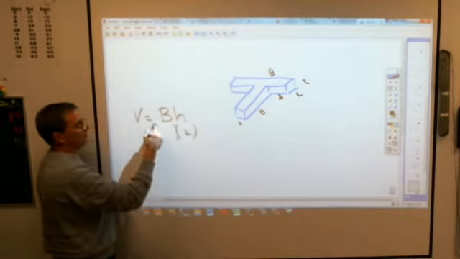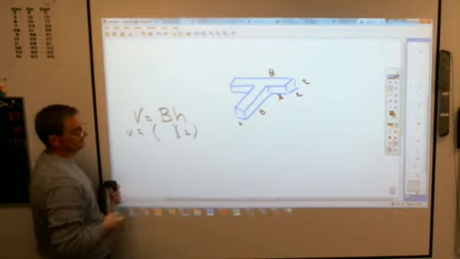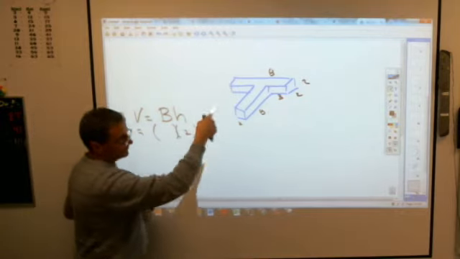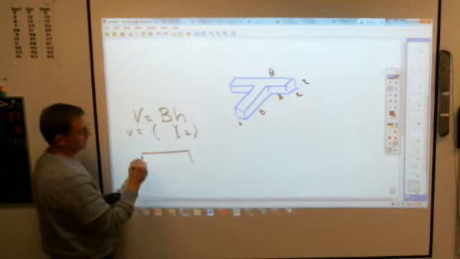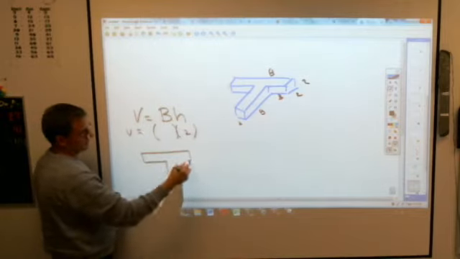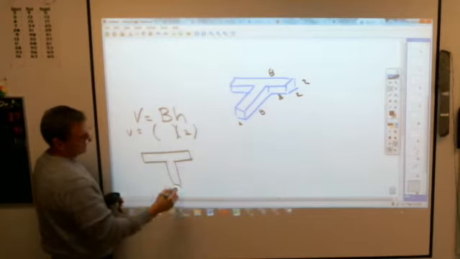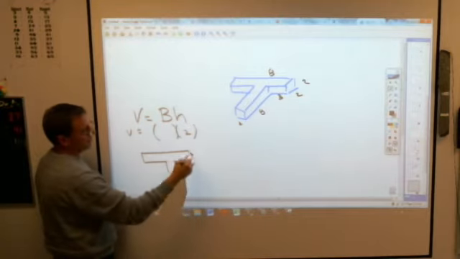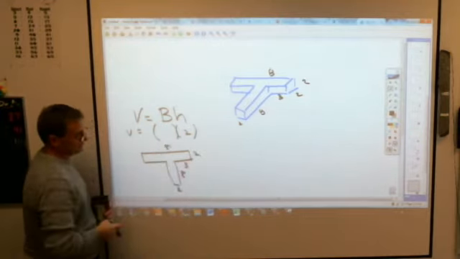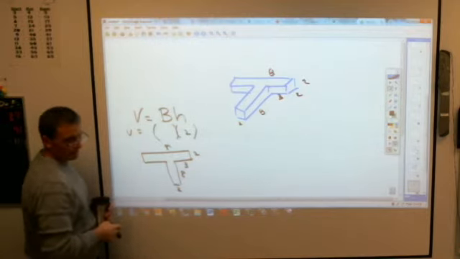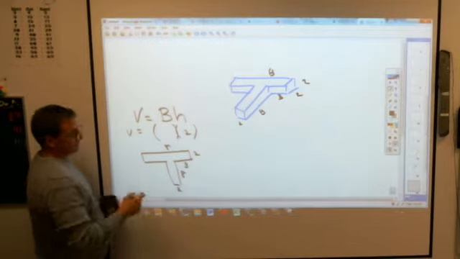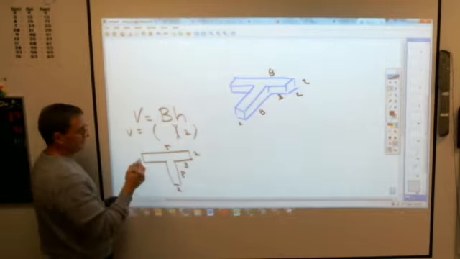I need to figure out what my area of the base is, and that'll get my volume. I probably would redraw my base just so I have it. It's the letter T. Looks like this. And it is 2, 8, 3, 2, 8. What is going to be the area of that? It doesn't matter how you cut it, let's cut it like this.